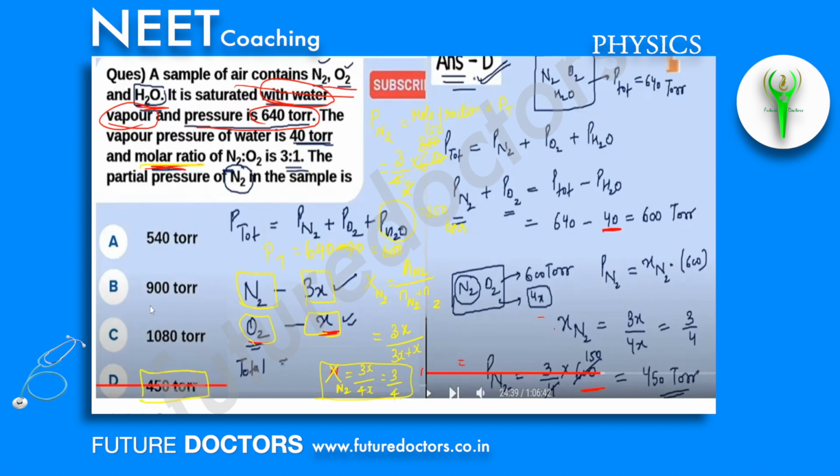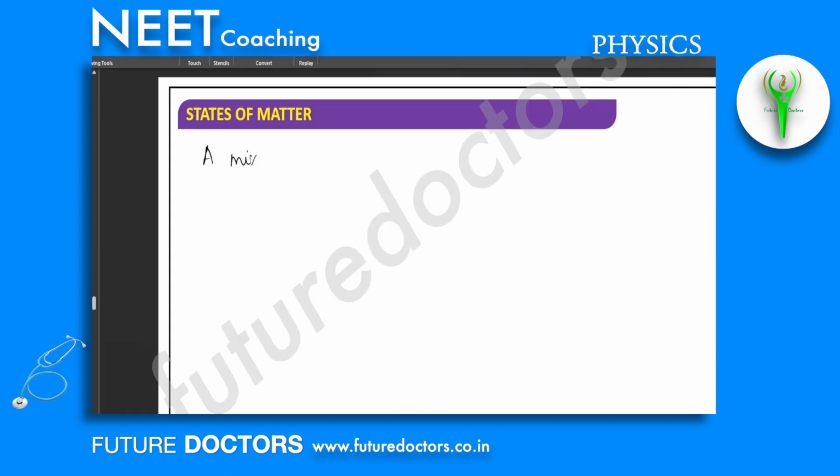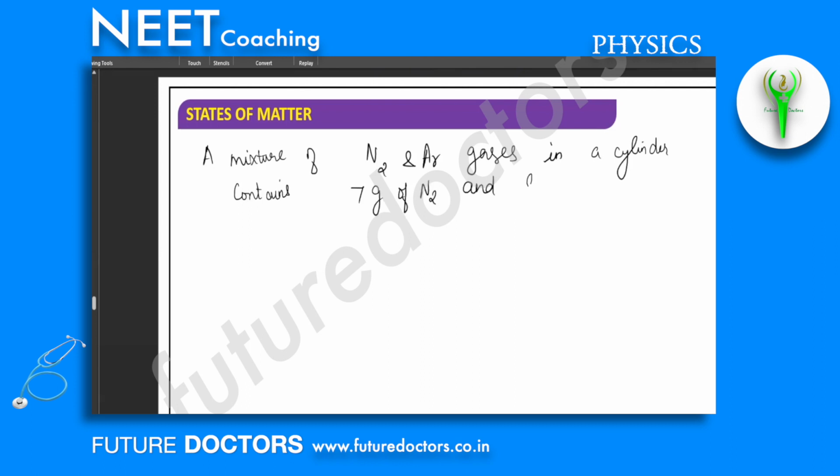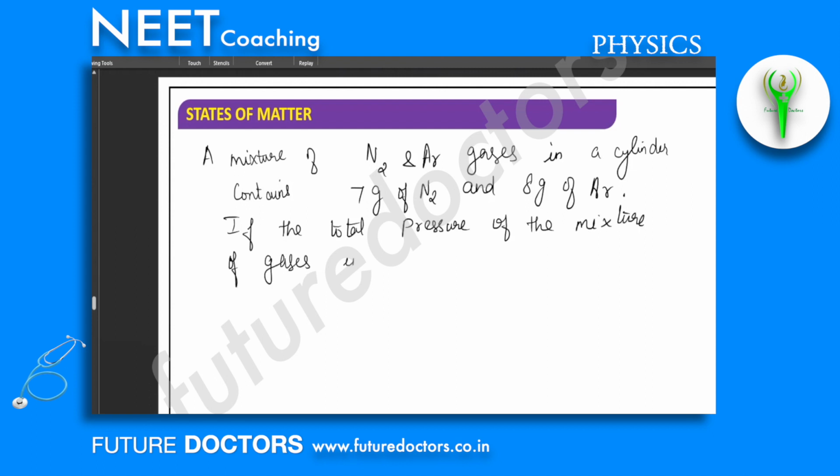A mixture of nitrogen and argon gas in a cylinder contains 7 gram of nitrogen and 8 gram of argon. If the total pressure of the mixture of gases in the cylinder is 27 bar, the partial pressure of nitrogen is?